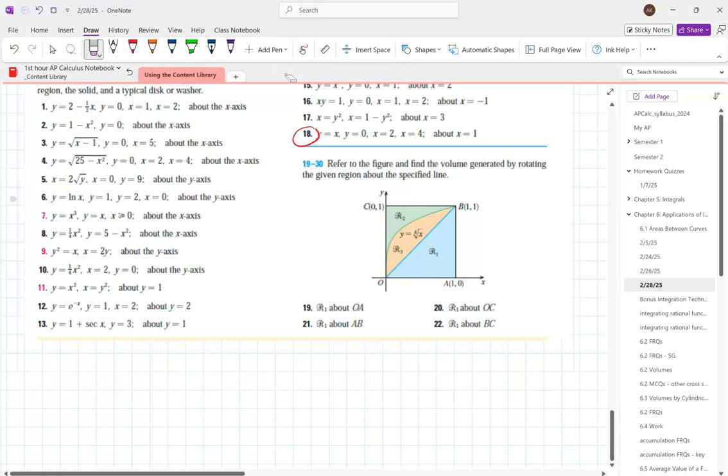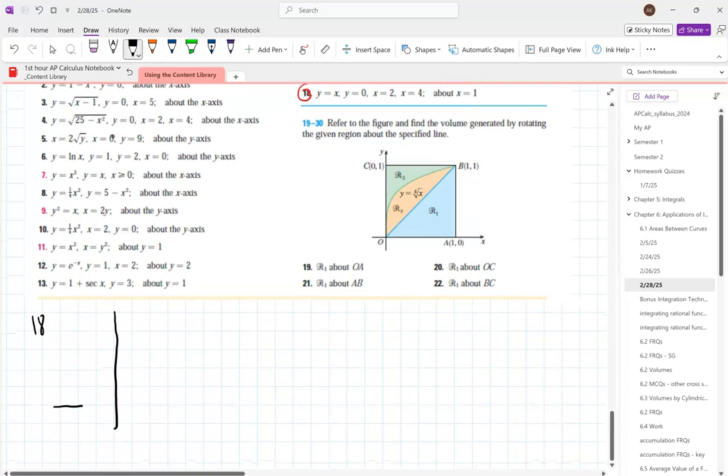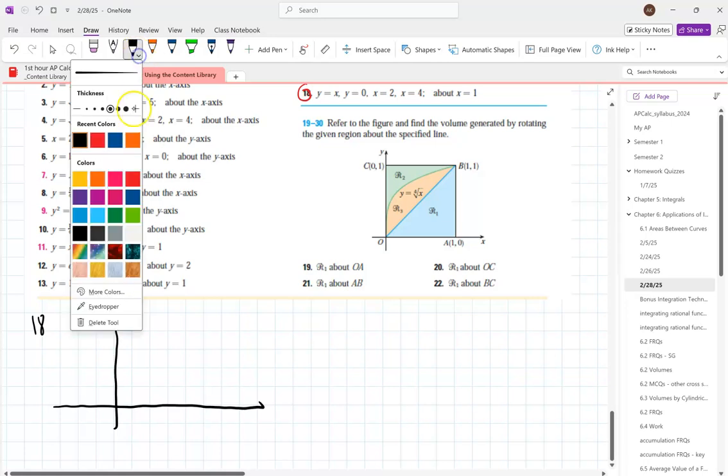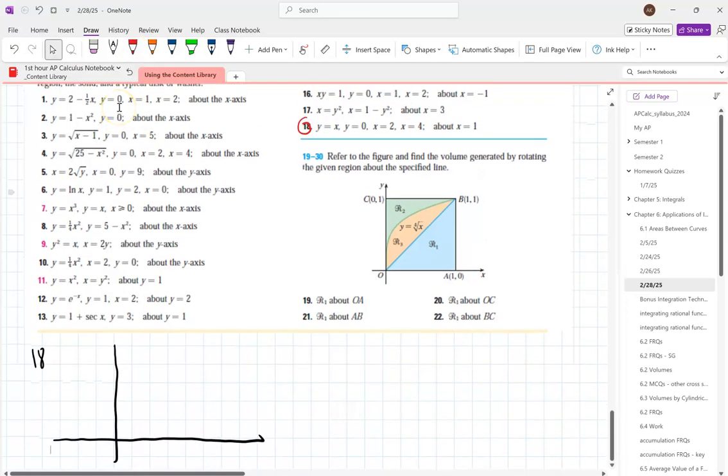All right, so it says that we're talking about the stuff between y equals x, y equals 0, x equals 2, x equals 4, and we're rotating about x equals 1. So this has kind of a lot of stuff going on. So let's start. Y equals x is just going to be one of those guys.